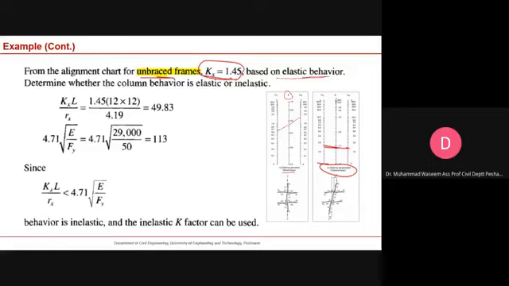Now forget about this statement. First you have to check whether my column is behaving in the elastic range or inelastic range. If you remember the plot of critical stress against the slenderness ratio like this, the division between the elastic and inelastic is by this equation.